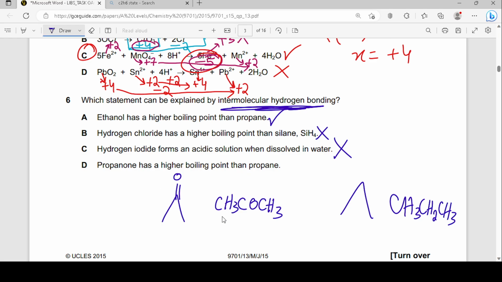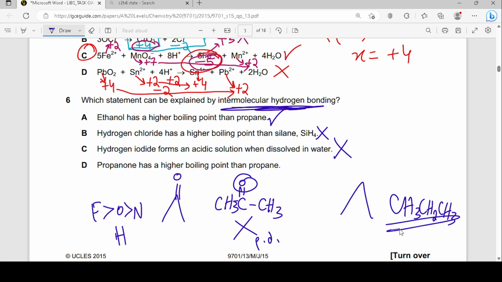Propanone has a higher boiling point than propane. For hydrogen bonding you need F, O or N attached to a hydrogen atom, but that doesn't happen in propanone. I can draw it like this as well. Over here you have an oxygen atom, but it's bonded to a carbon. It's not bonded to any hydrogen, so it does not have hydrogen bonding. It's just permanent dipole forces, right?